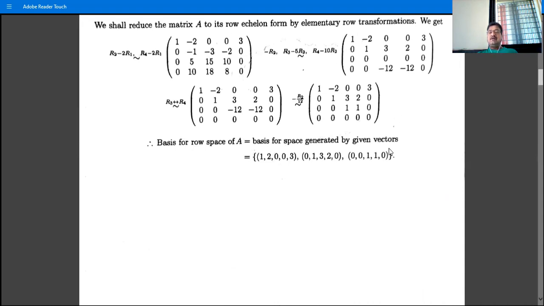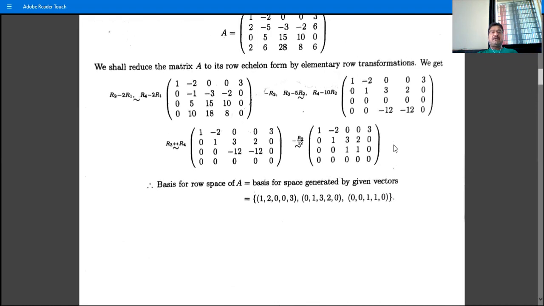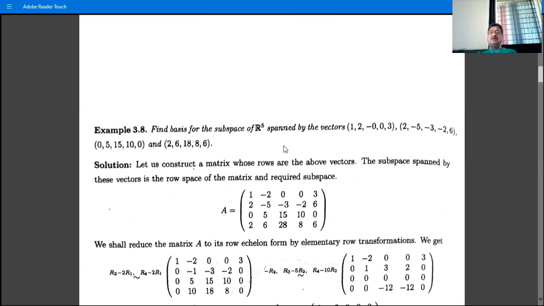So write in curly brackets the first row as the first vector (1, 2, 0, 3), the second row as the second vector (0, 1, 3, 2), and the third row as the third vector (0, 0, 1, 1, 0). This is the set of non-zero rows, and this is the basis for the row space of A, and this is the basis for the subspace generated by or spanned by the given four vectors.